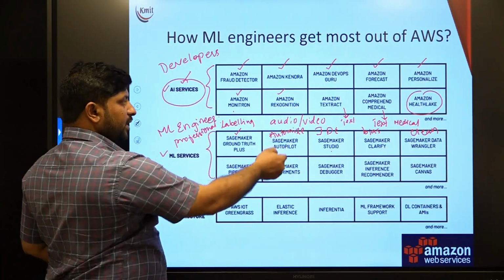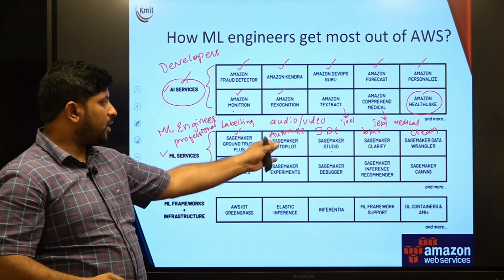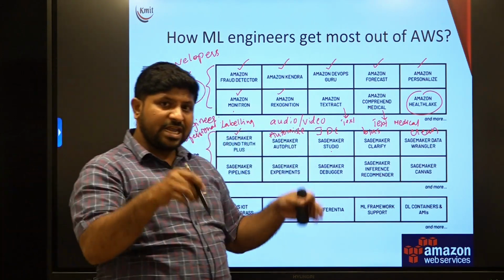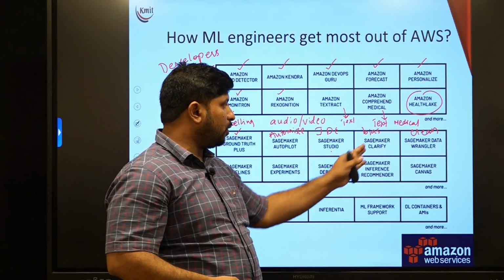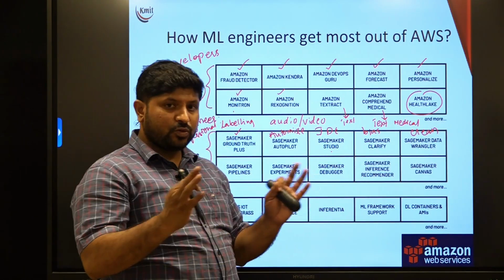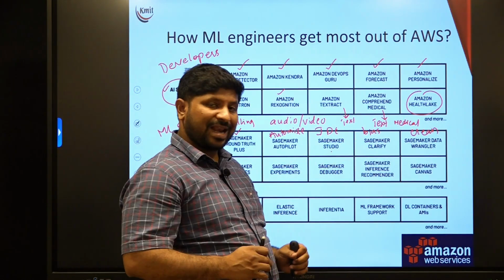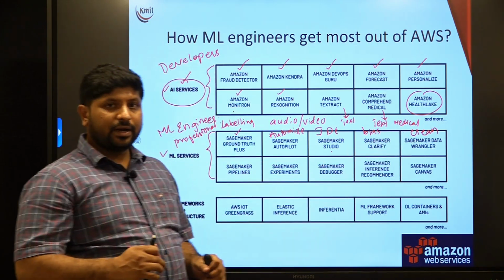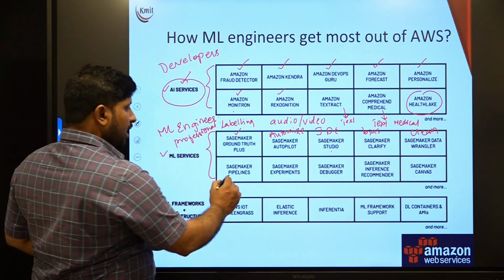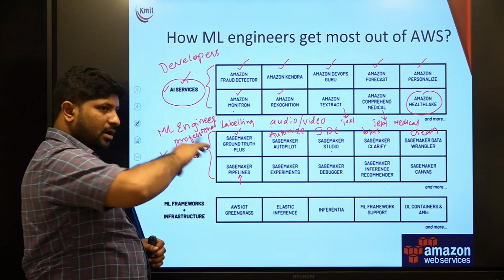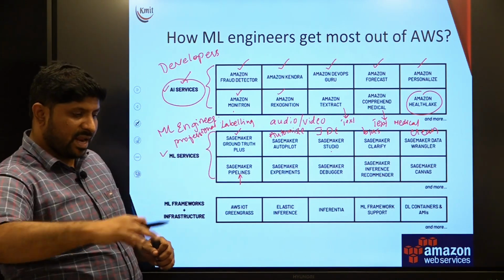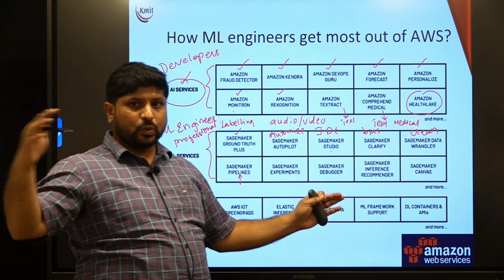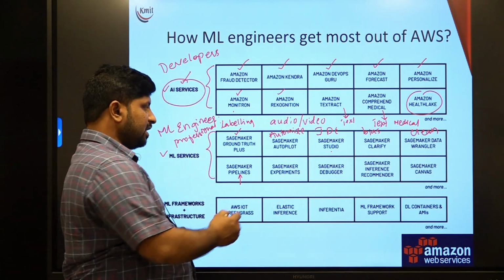All these are the services which will be used for these specifications. In order to automate your machine learning, you can use Autopilot. If you want an IDE on top of Amazon, you can use Studio. If you want to check bias in your data sets, then you can use Clarify. If you want to clean your data, you can use Data Wrangler. If you want to create pipelines, the entire pipelining from preparation to evaluation, you can use SageMaker Pipelines.